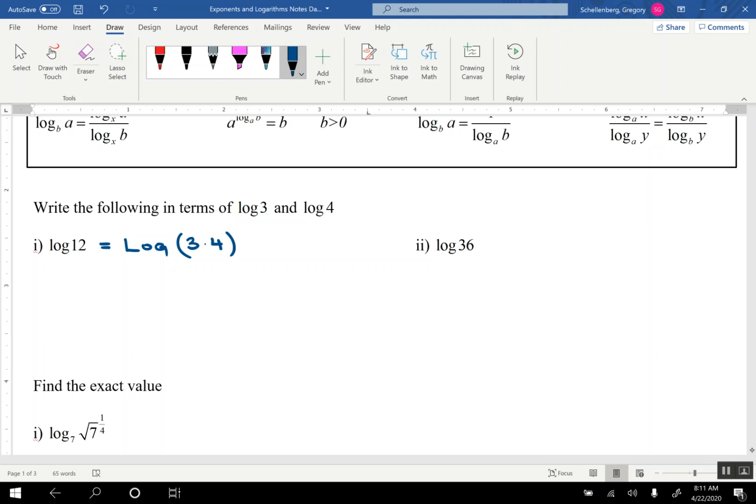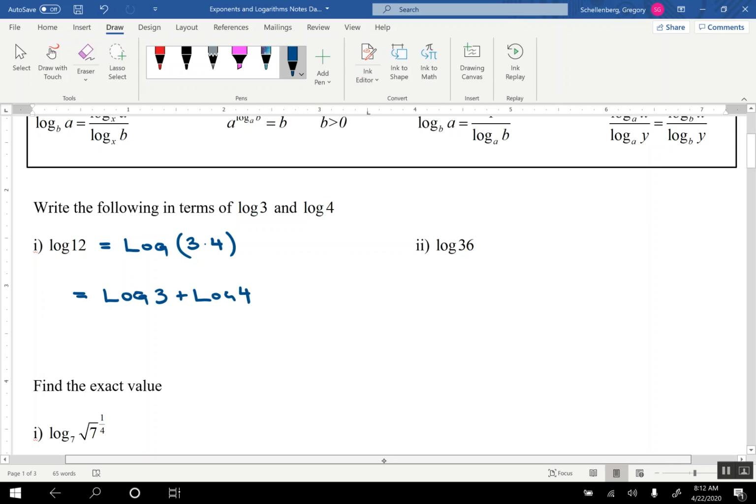And multiplication law tells us that we can rewrite that now as the sum of two logarithms. So we're going to get the log of 3 plus the log of 4. Okay, so we've rewritten the expression in terms of log 3 and log 4.